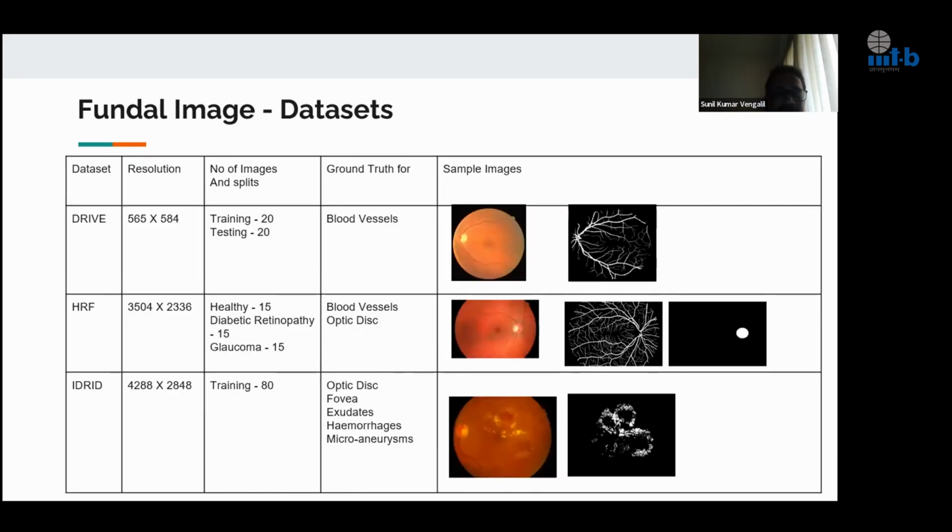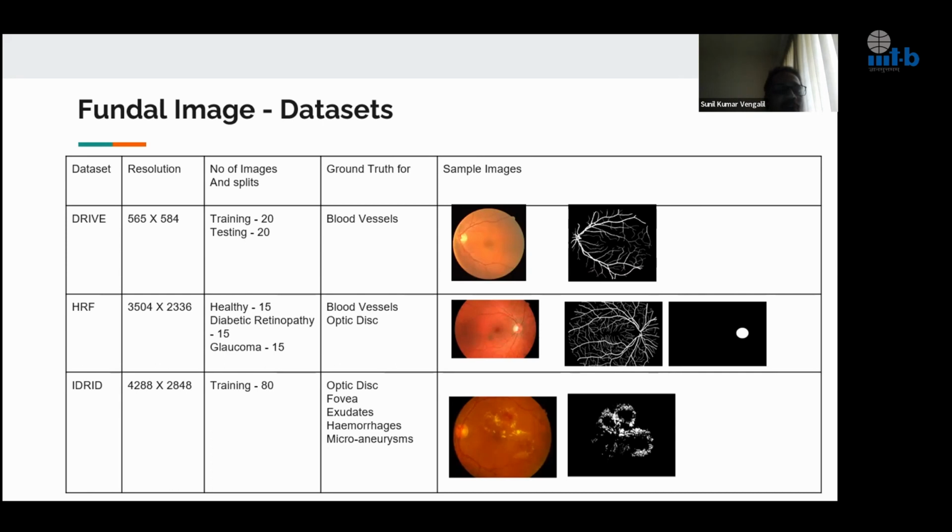For this study, for training, we used some publicly available data sets. We used data sets of different resolutions, ranging from the DRIVE data set, which is of the lowest resolution of 565 by 584, to HRF, which has high resolution fundal images, and then even higher resolutions, which is IDRiD. IDRiD stands for Indian Diabetic Retinopathy Image Database.